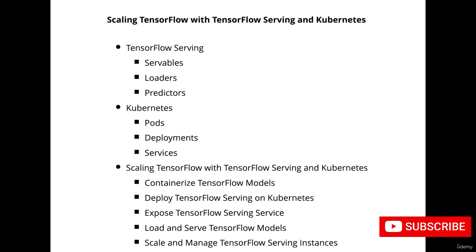Understanding the key concepts and steps involved in scaling TensorFlow with TensorFlow Serving and Kubernetes is essential for effectively deploying and managing machine learning models at scale in modern distributed systems.